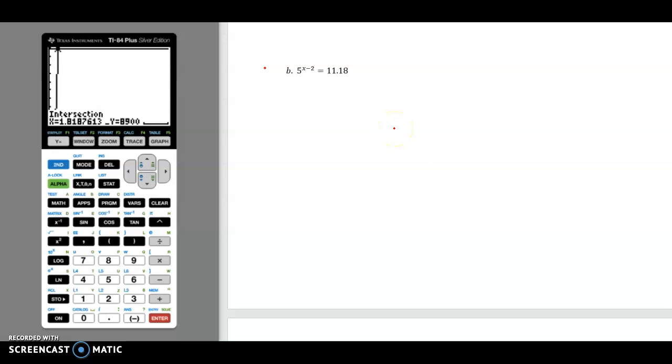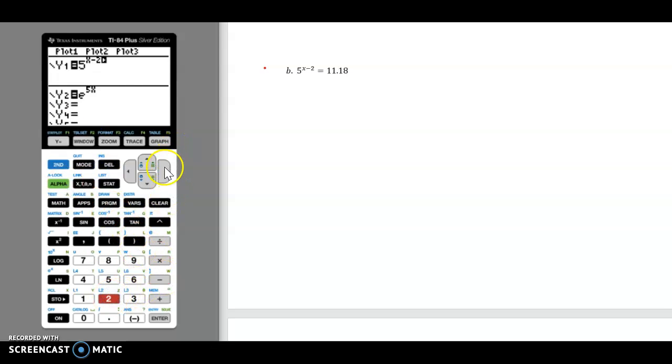So the next one. We have 5 raised to the x minus 2 power equals 11.18. Okay, once again, we're using the intersection method, so I'm going to go here. I'm going to clear out my first one, y sub 1, I'm going to put in 5 raised to the x minus 2 power.